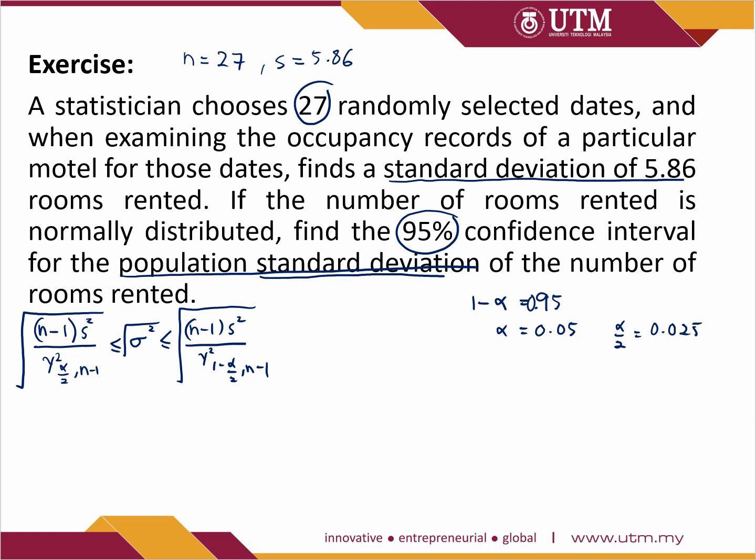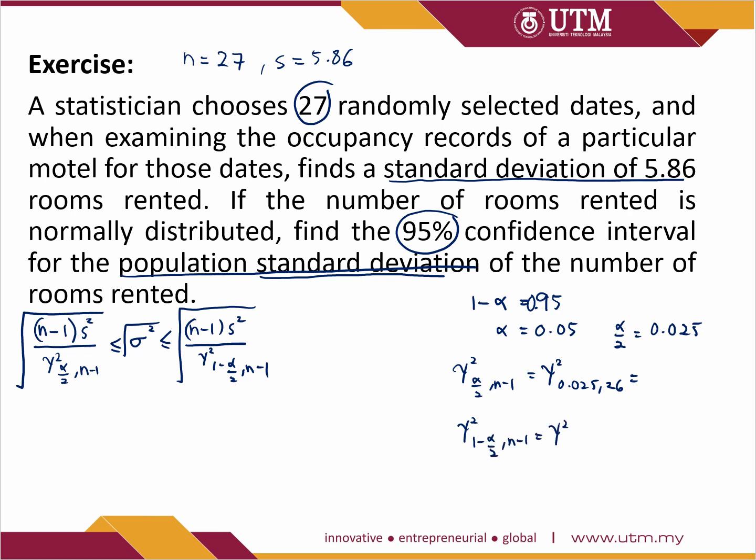So we have to find the chi-square alpha over 2, n minus 1, which is 0.025. Your n is 27, so 27 minus 1 is 26. Then the second chi-square you need to find is 1 minus alpha over 2, n minus 1.